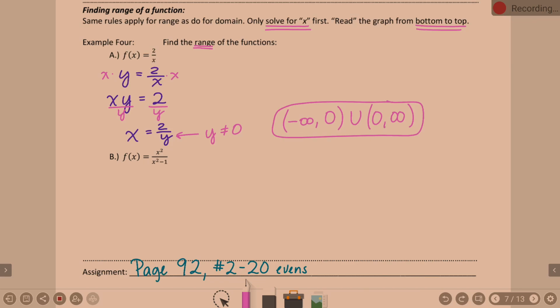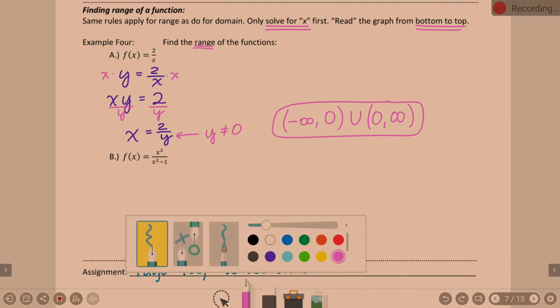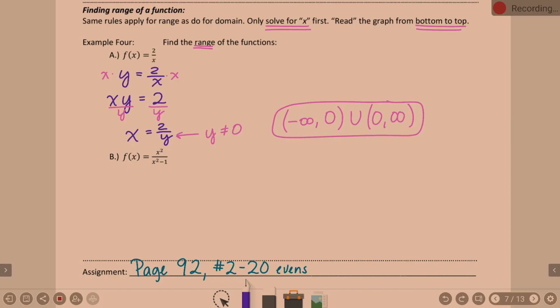But this is reading your graph from bottom to top. Okay? This time, you're reading your graph from bottom to top. So, okay, as we hop on at the bottom, it's coming from negative infinity. It's getting closer. As it's going off left, it's getting closer and closer to 0. Hops here, 0, up to infinity.